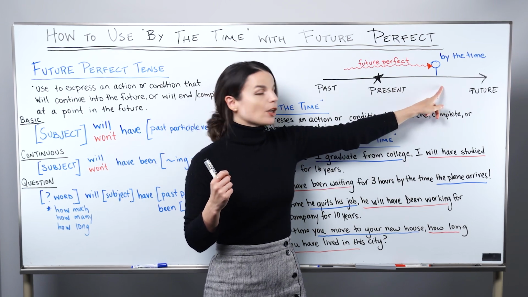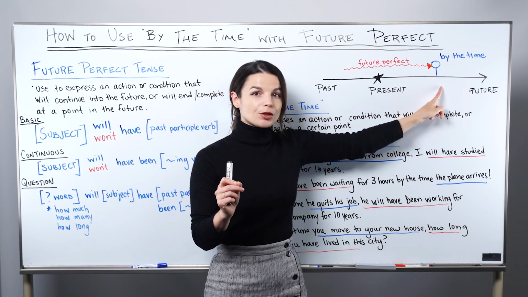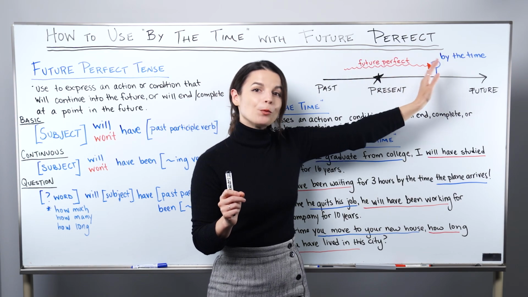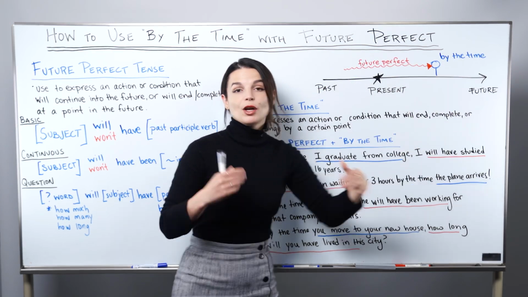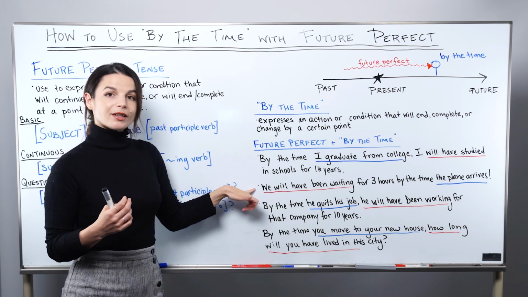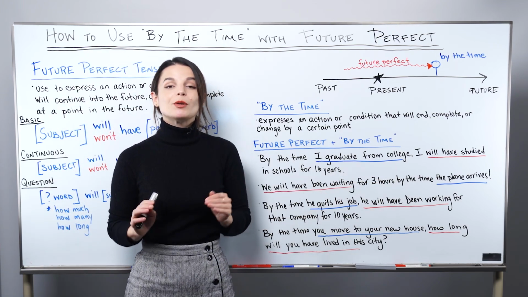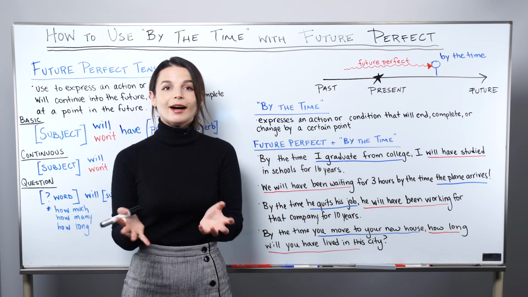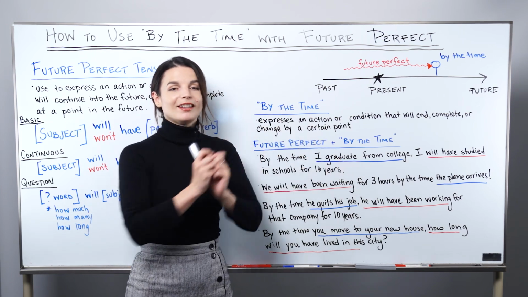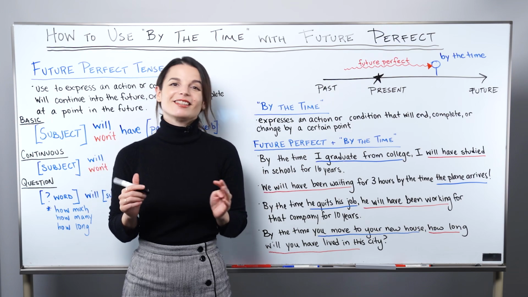But to talk about this specific point in the future, the total time in the future will be 3 hours. So we use this future perfect tense structure and our by the time structure to communicate this. It's like saying the total time in this future moment will be this 3 hours in this case.